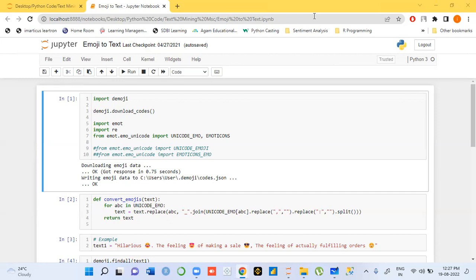Okay, Rahul. Wait. Do you know how to decrease the font size over here?